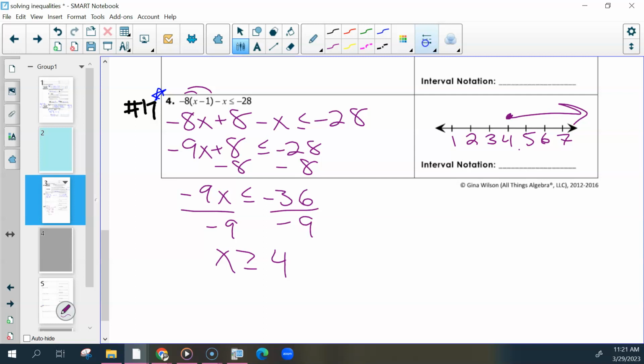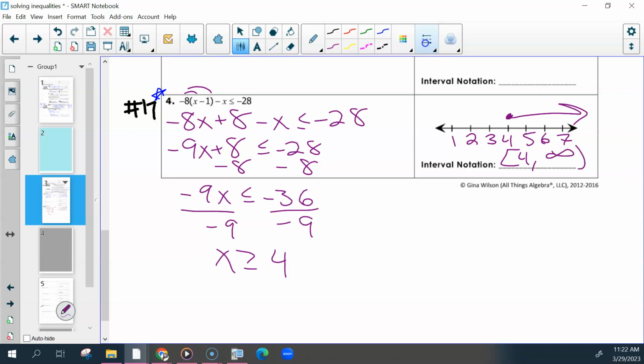And it's closed, so this one is going to have a bracket. And then where does it end if it keeps going? Infinity, and that would be a parenthesis.